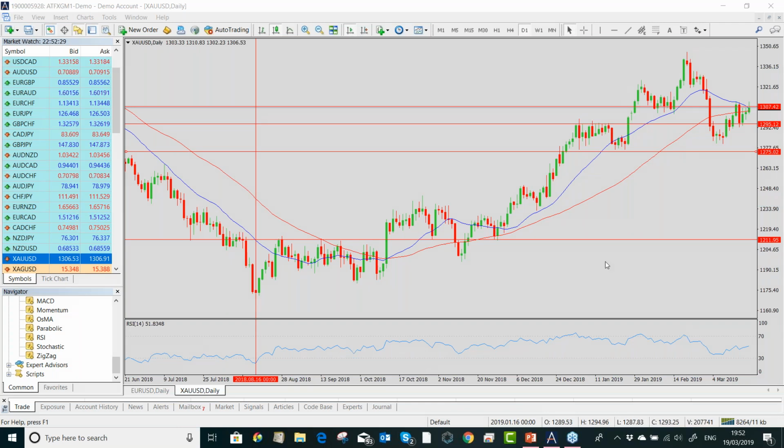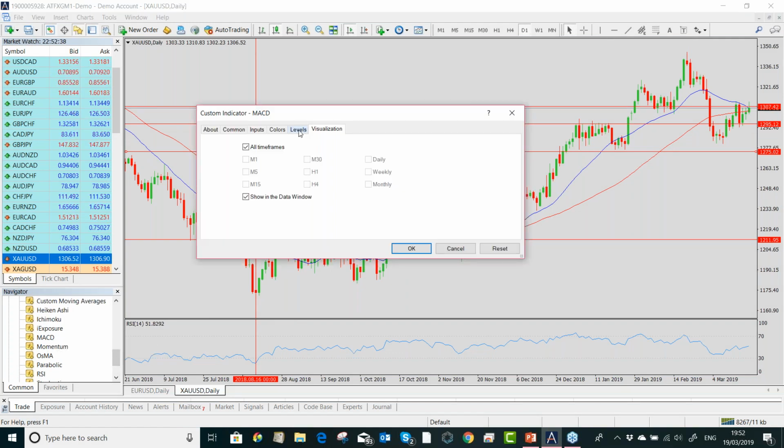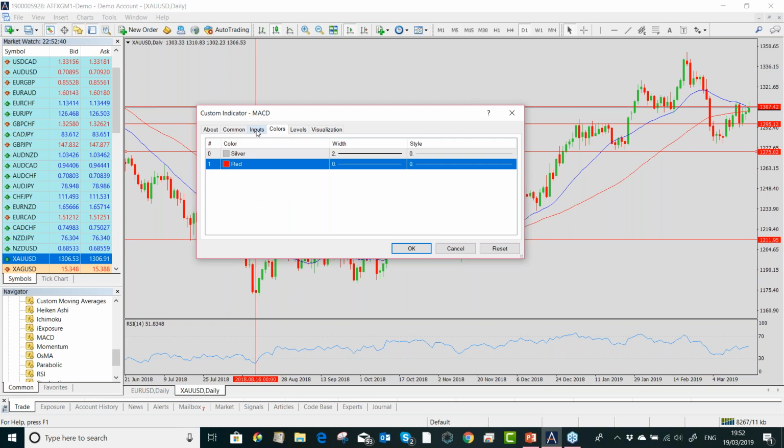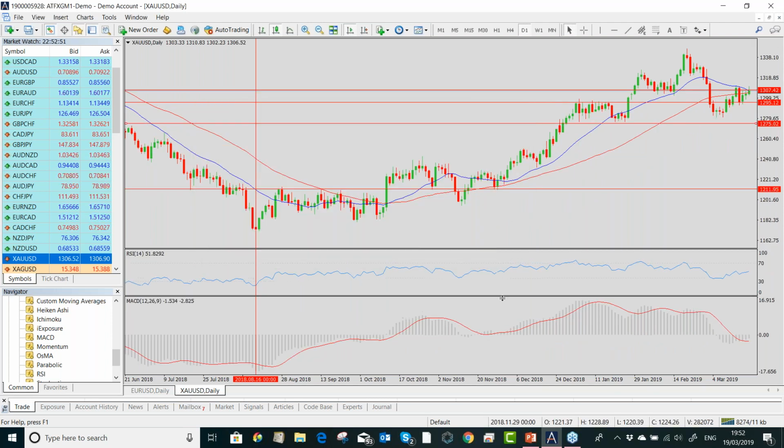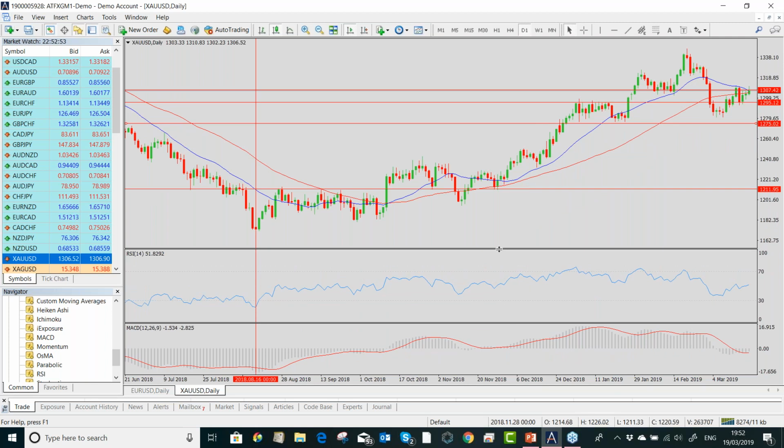So I've just shown you one indicator here, which is the RSI. We can also have a look at MACD, which is a trending indicator. Again, I'm just going to leave all of the standard settings, 12, 26, and 9 for MACD. I'm just going to leave those as they are, just so that we can have a look at this.